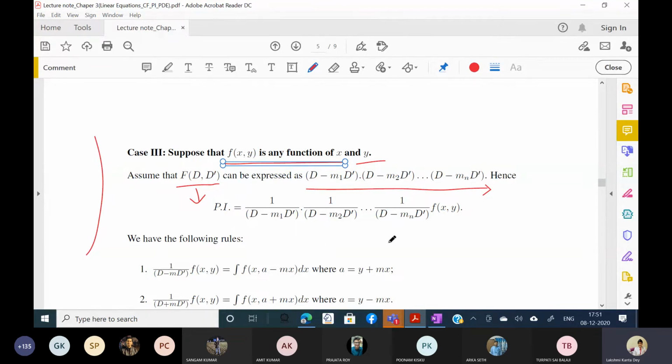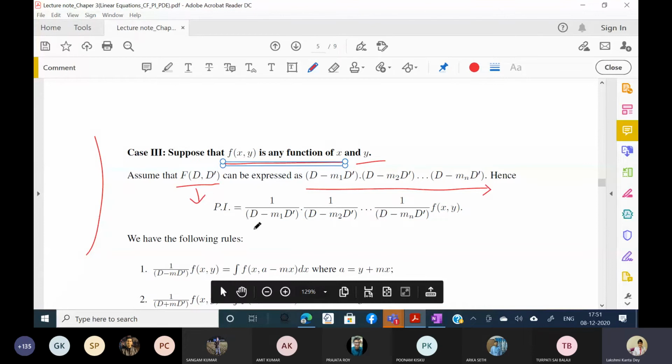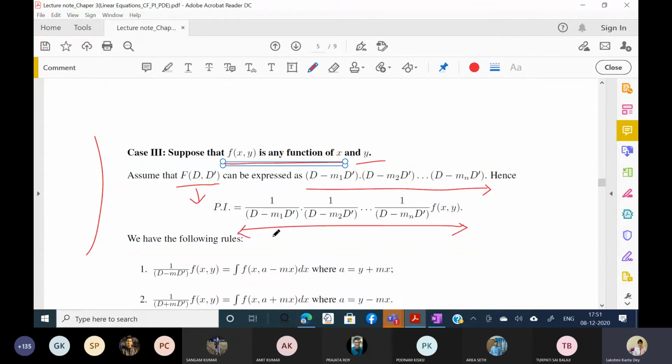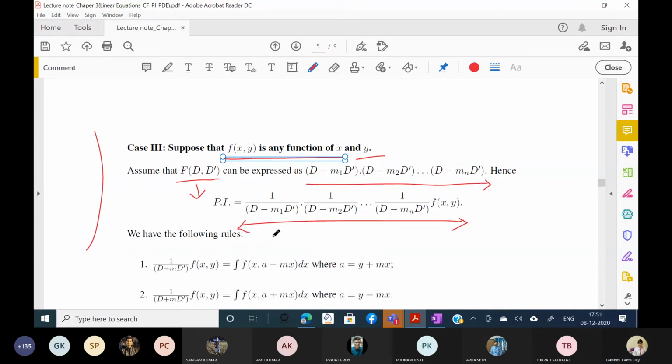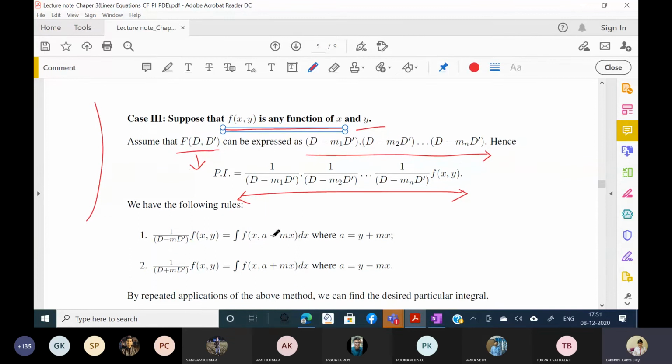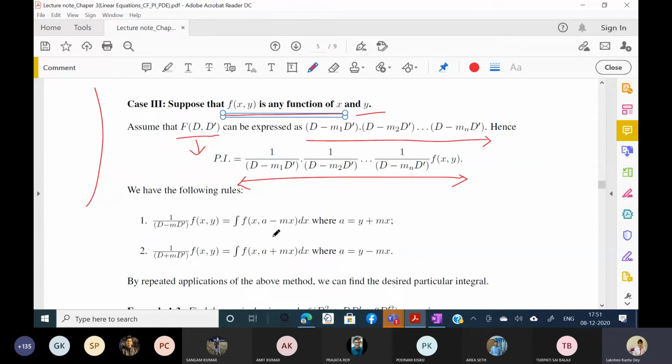So in that case, you can write, ultimately it will be coming. So this is very much parallel to your ordinary differential equations also. Then we have to see one by one. See, first part is 1 by (D minus m D'). What it is, we have to integrate the function f of x comma y. Instead of y, we have to write a plus mx.